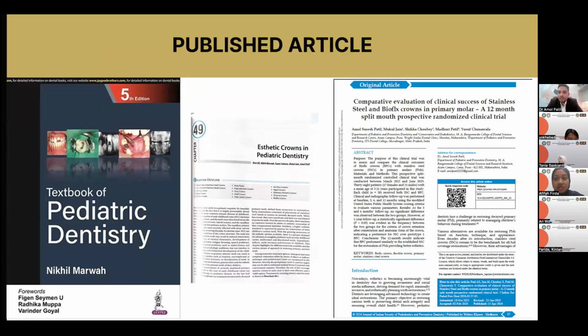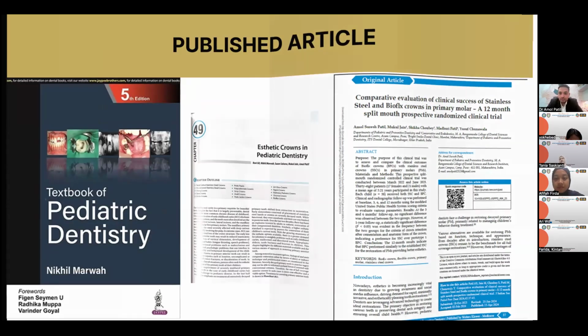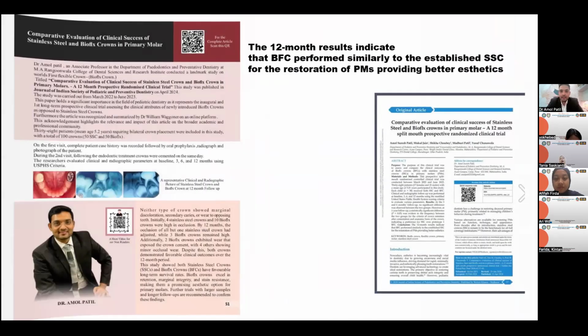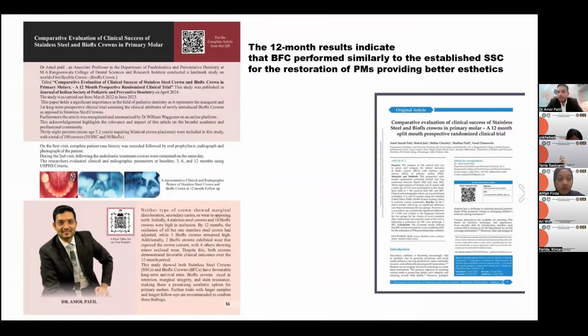It is giving similar results as compared to zirconia and stainless steel crowns in tooth preparation and aesthetics comparatively. But again, caution is required because we still don't have long-term follow-ups. It was just a one-year follow-up.